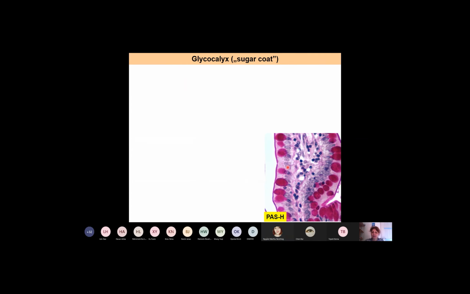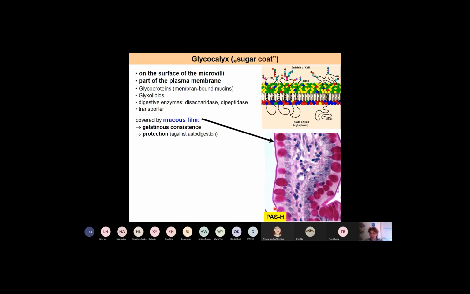Okay, so with PAS staining, you can see here now the same epithelium stained by PAS hematoxylin, and this staining makes the goblet cells visible, and also on the surface, this layer where you also have the microvilli, but actually the mucous film is stained here.